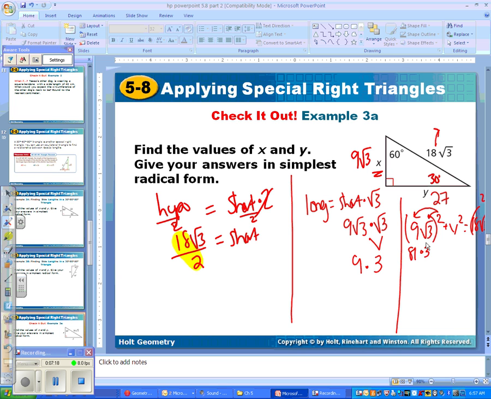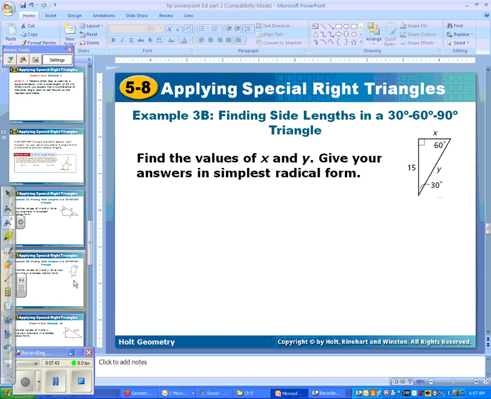So 81 times 3 is 243. And then 18 radical 3, you do the same thing. You'd square the 18, and that's 324, and then you'd square the 3, and that would be 3. And then if you combine those two things, that would be what y equals, and then you just solve like normal. So then that's one type of question.